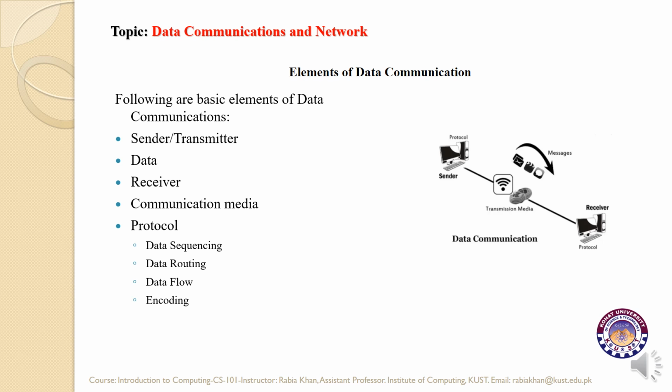Now let's come to the image here. We have discussed all the important elements and we can see those elements in this diagram. Here you can see there is a computer which serves as a sender. And then there is a computer that works as a receiver. Then there has to be some data or message that is being communicated between the sender and the receiver. That can be an email, a video file, or a text file.